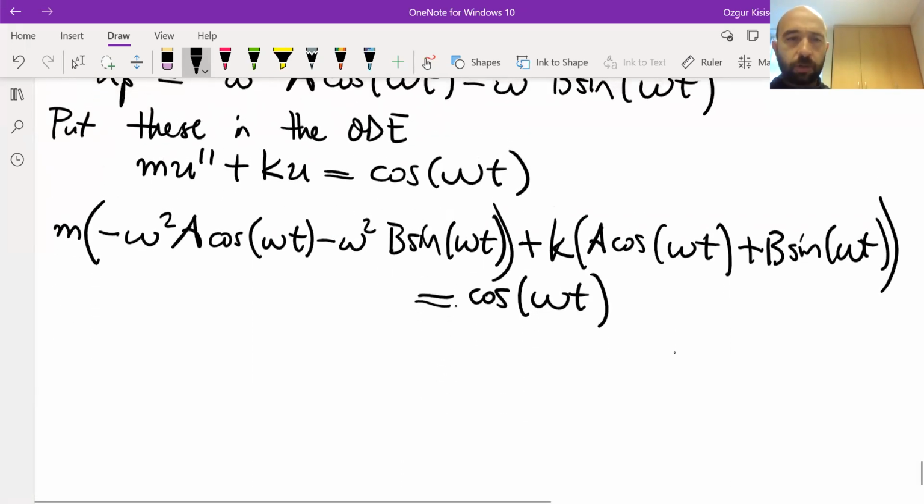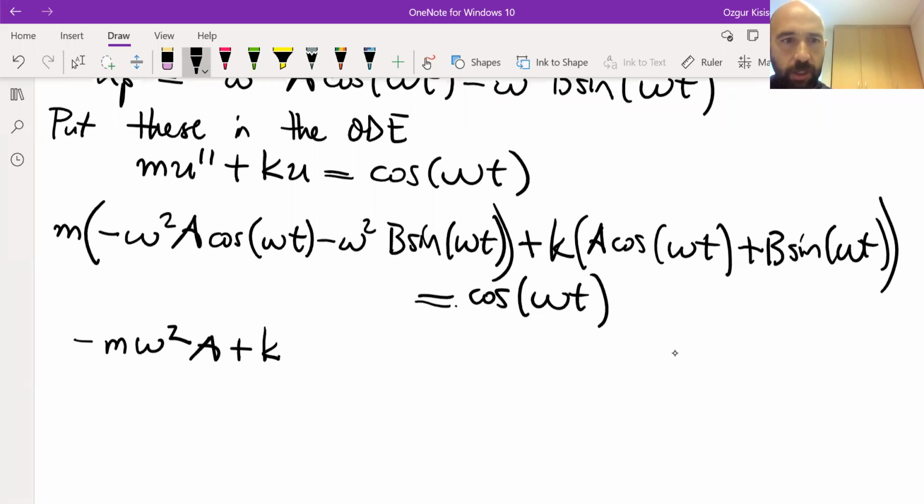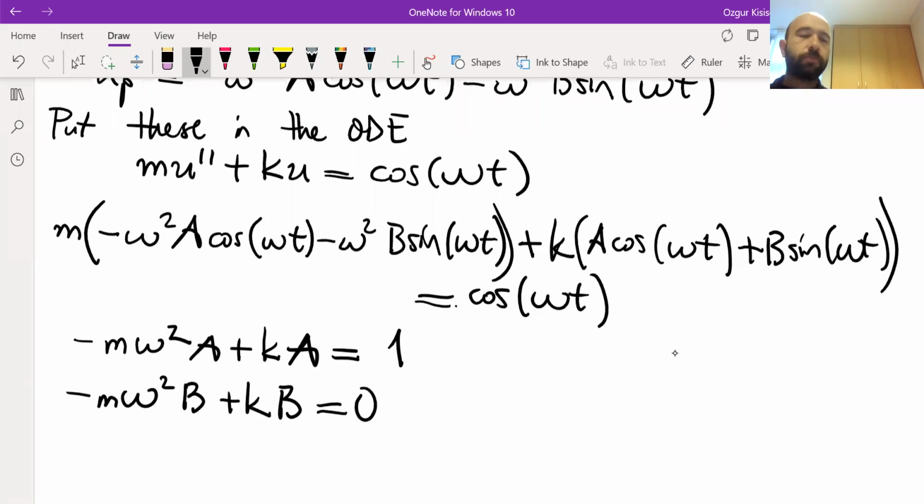Now, sine and cosine omega t are linearly independent functions, so I can equate the coefficients of cosines to each other and coefficients of sines to each other. Now, for coefficients of cosine, you have minus m omega squared a plus k a. This must be equal to 1. And minus m omega squared b plus k b must be equal to 0.